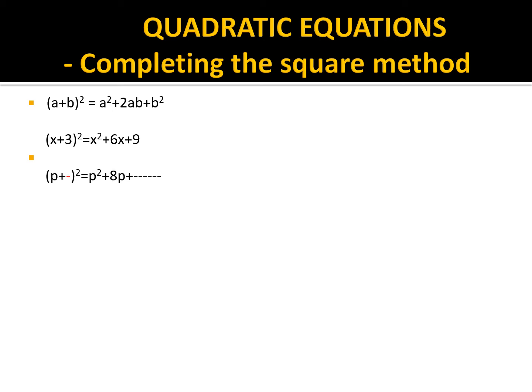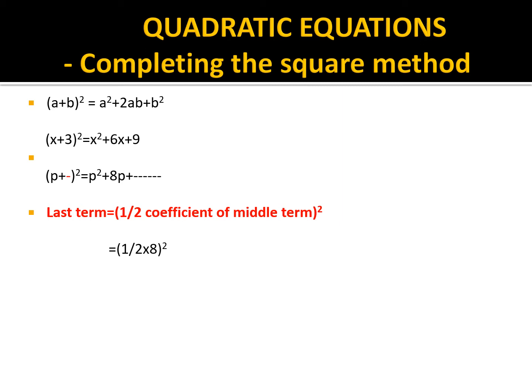Supposing we have the expression p square plus 8p, and we would like to find the last term so that we get a complete square. A complete square can be obtained by the formula: last term is equal to half the coefficient of the middle term, the whole square.